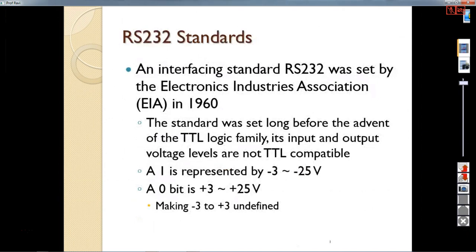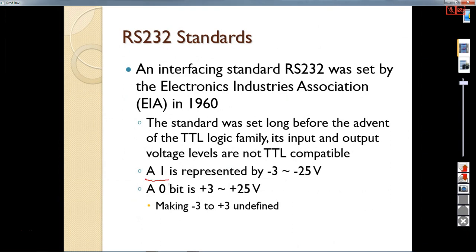If you have a computer and you want to transmit, you have the microcontroller with signals of logical 0 and 1, which with TTL is 5 volts and 0. But the standard was set long before the advent of the TTL logic family, and its input-output voltage levels are not TTL compatible.